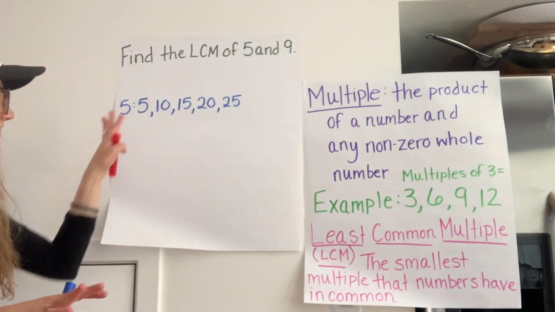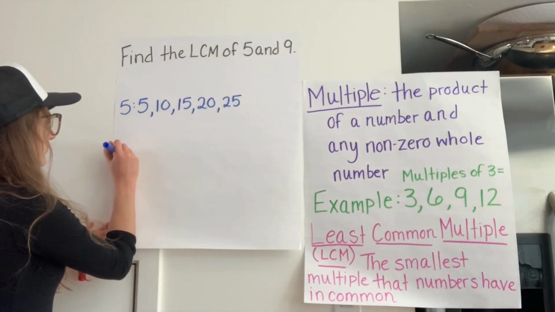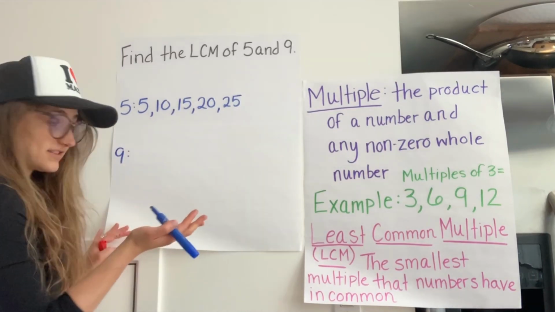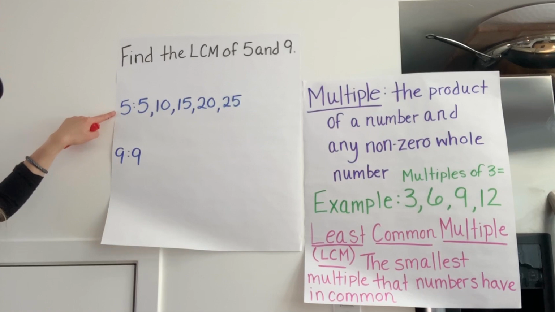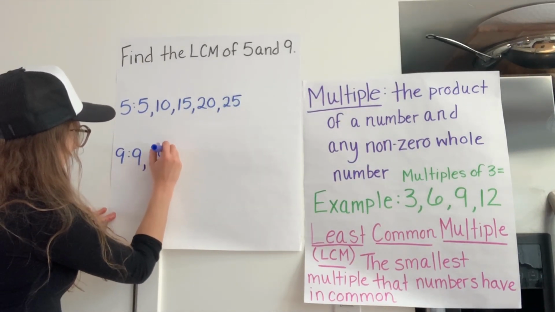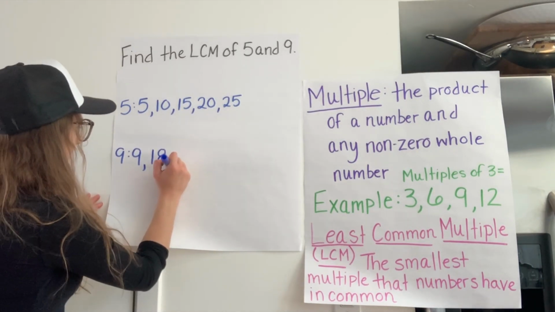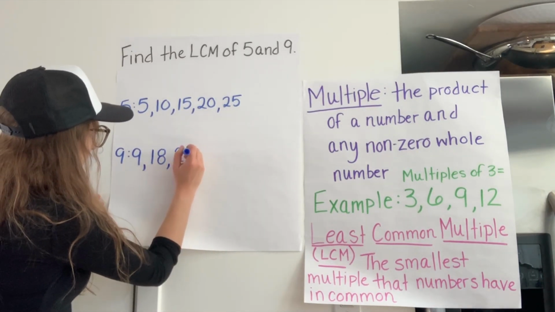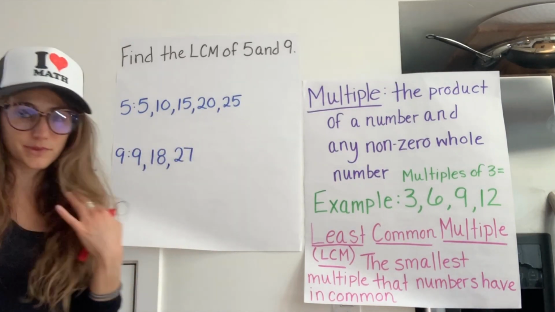But we'll pause here and turn to 9 to see if we can find a multiple that they have in common. The first multiple of 9 is 9, because 9 times 1 is 9. And 9 is not a multiple of 5, so we need to keep going. Our next multiple is 18, because 9 times 2 is 18. 18 is not a multiple of 5. Our next multiple is 27, because 9 times 3 is 27. 27, not a multiple of 5.